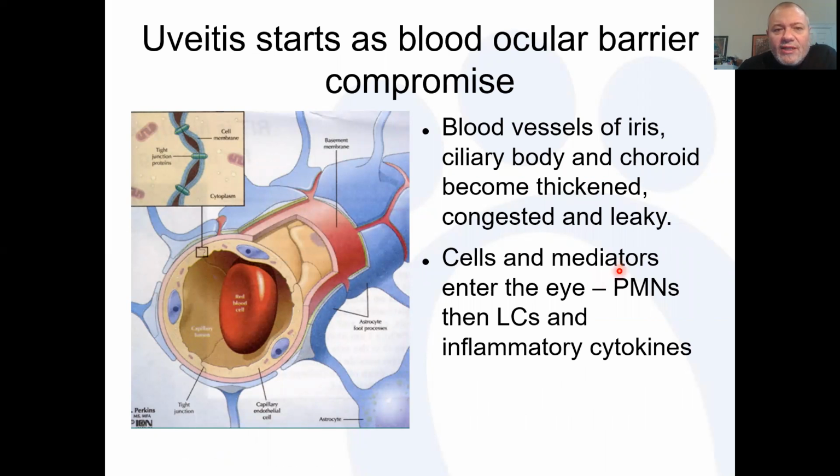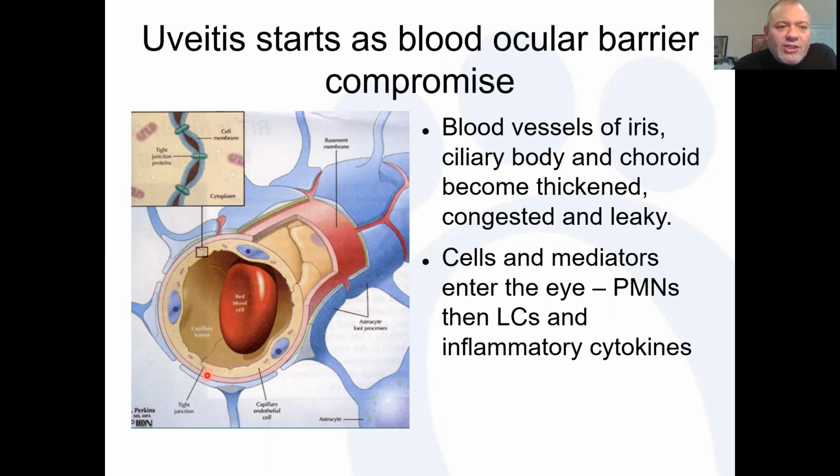So the key to this blood-ocular barrier is the arrangement of the blood vessels in the eye. Just as in the rest of our body, we have capillaries. We don't have very many myoepithelial cells, we do have some. Usually they're just these very simple endothelial cells, and between these endothelial cells, they're bound very, very tightly with tight junctions, these junctional proteins we see at the top left.